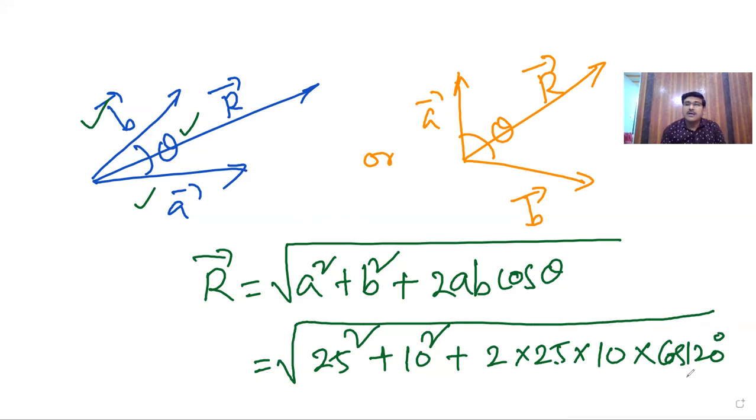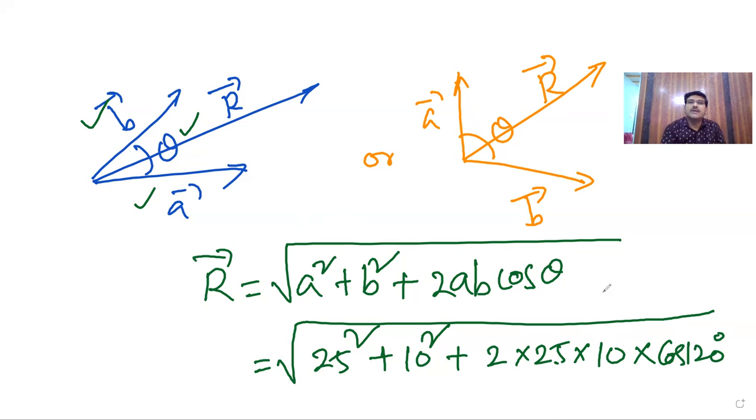Cos 120, I can split the 120 as 90 plus 30. Cos 90 plus theta is minus sin theta, so minus sin 30. Minus sin 30 is how much? Minus half.